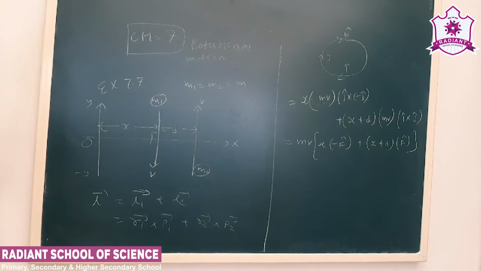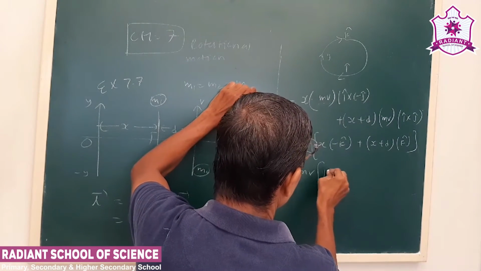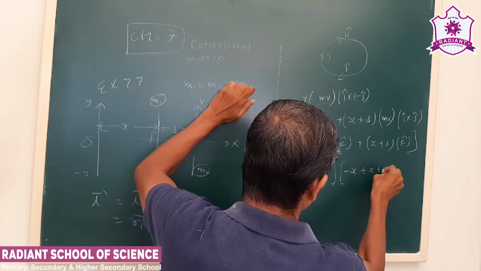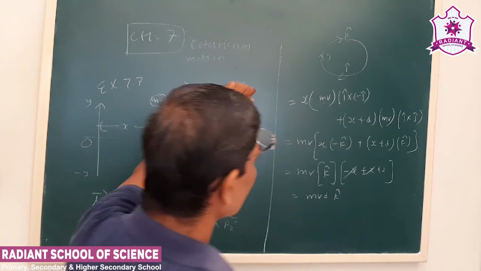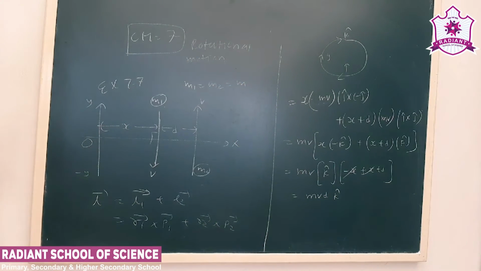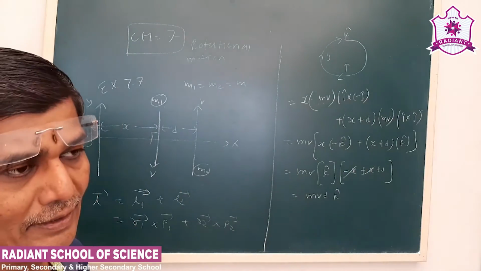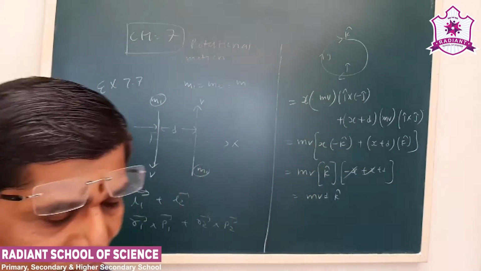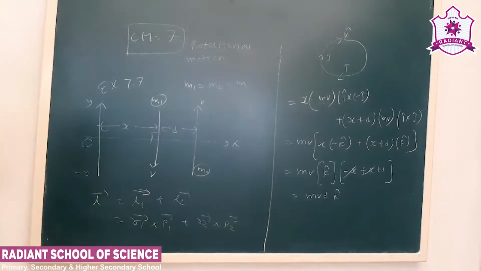Now if I simplify, mv, I have taken k caret common, times minus x plus (x plus d). Now nowhere in the resultant angular momentum is x coming. The angular momentum is in the z direction, but nowhere does the position come in.